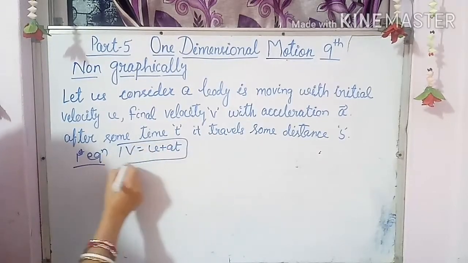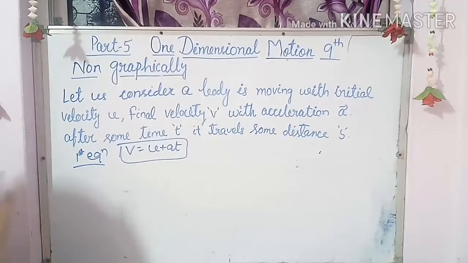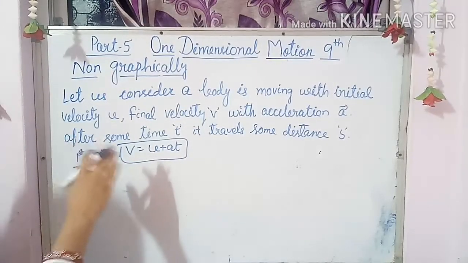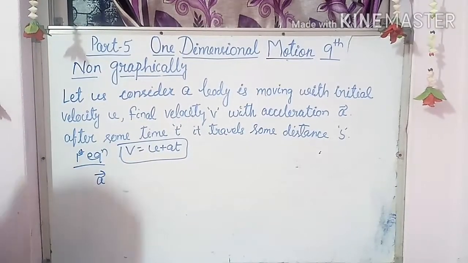So how will you prove it here? As I have told, your motto is to find out the acceleration. From the graph you put the values there, but here you have to put the values from the definition. So what is the motto? To find the acceleration.